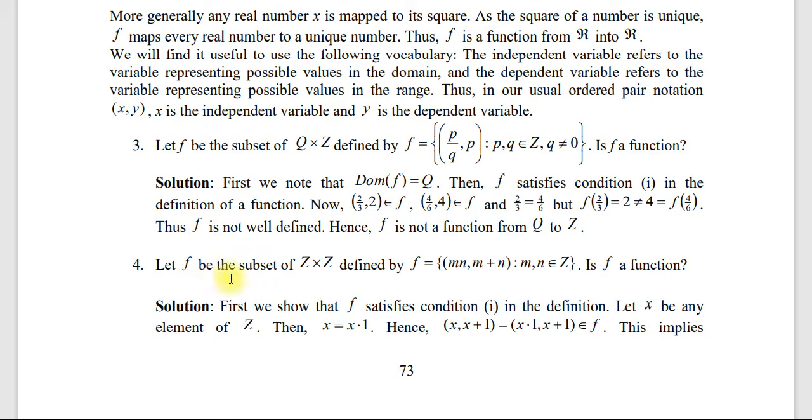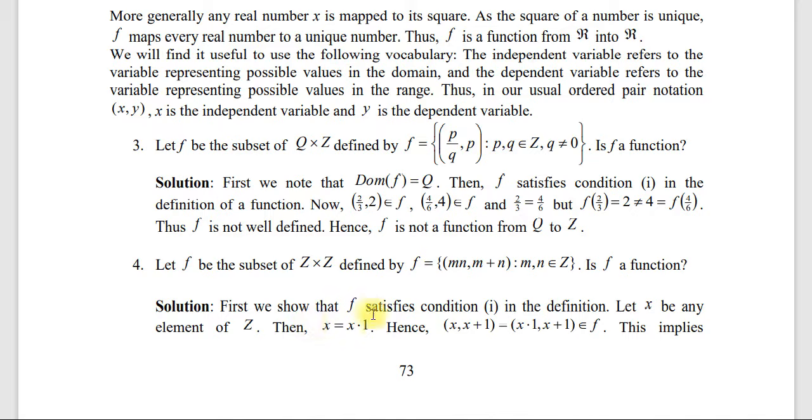4. Let f be a subset of Z cross Z defined by f equal to the set of (mn, m plus n) such that m, n is an element of Z. Is f a function? Solution.